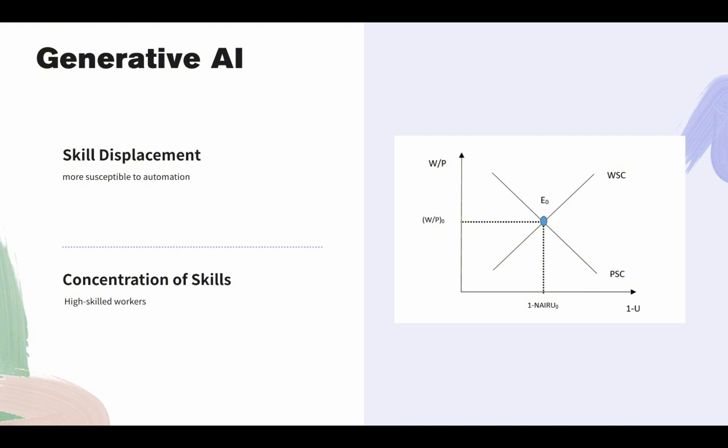And high-skilled labor sees an increase in demand due to the need for oversight and management of AI systems, leading to a sharp rise in wages for this group. The resulting equilibrium leads to a widening gap between high and low-skilled workers, increasing overall inequality.